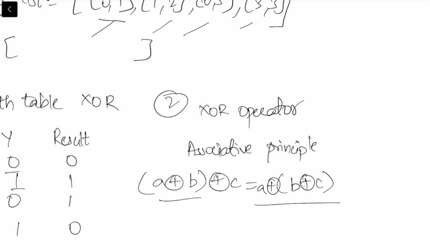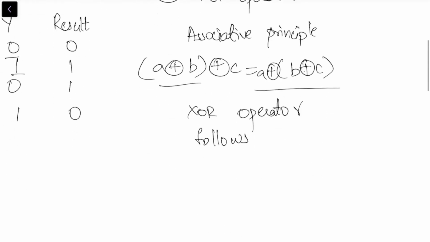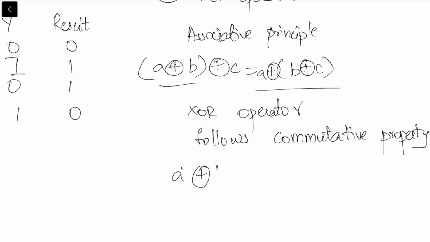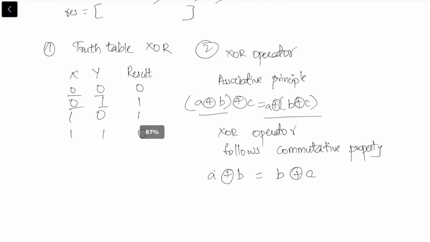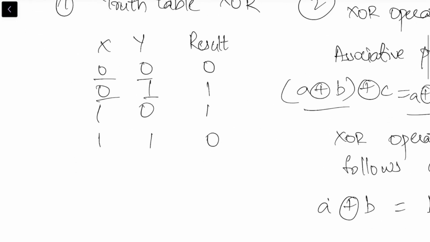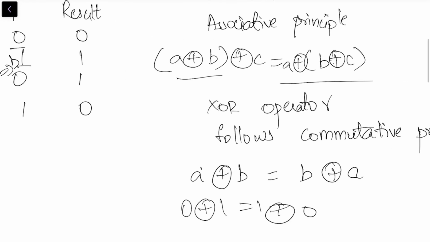Also the XOR operator follows the commutative property, which means A XOR B is equal to B XOR A. For example, if this is A and this is B, 0 XOR 1 equals 1 XOR 0. That means the XOR operator follows the commutative property.